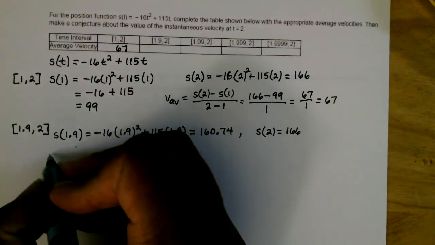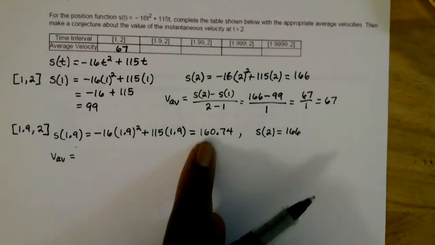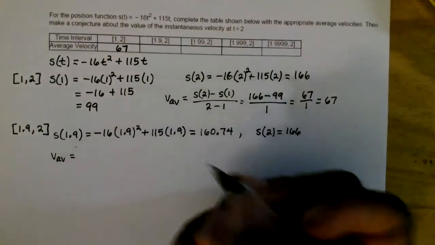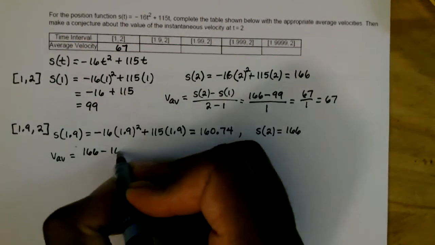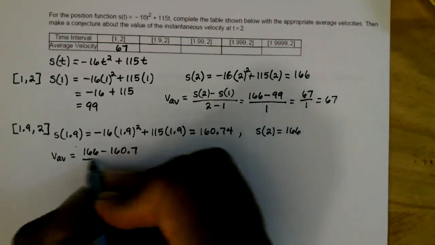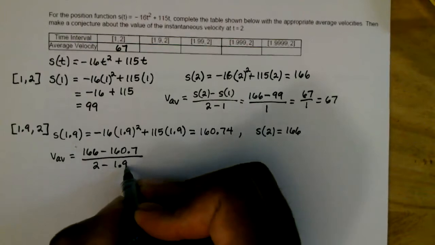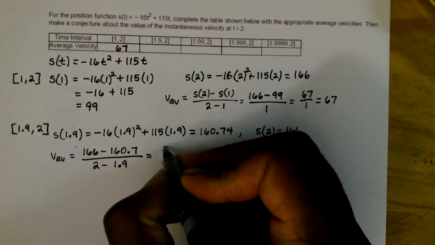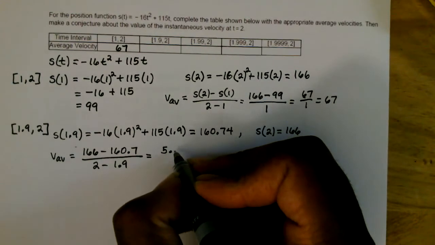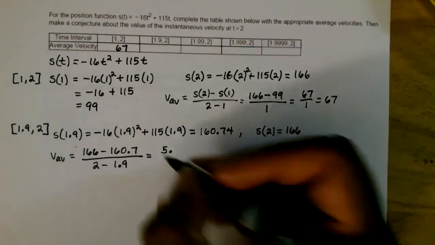So the average velocity is going to be S of 2 minus S of 1.9. So this will be 166 minus 160.74, divided by 2 minus 1.9. Now 166 minus 160.7, that would be 5.26.